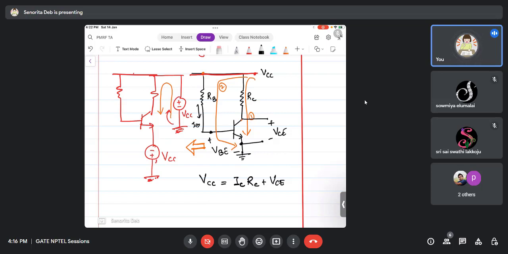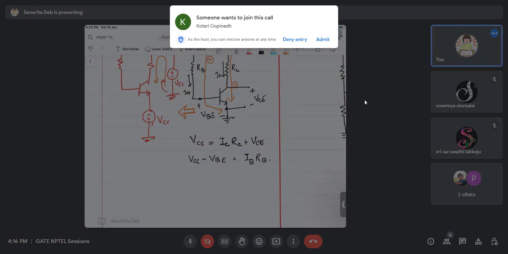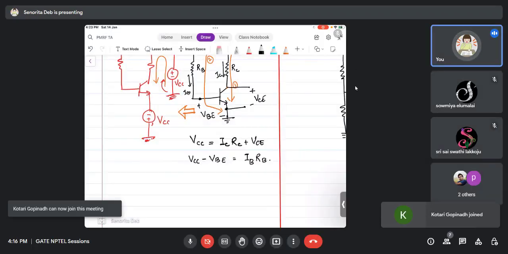The next equation is VCC minus VBE equals IBRB. I hope you know how to put KVL. If you don't, you can interrupt me now and I will tell you quickly. So now you have these two equations: VCC equals ICRC plus VCE, and VCC minus VBE equals IBRB.